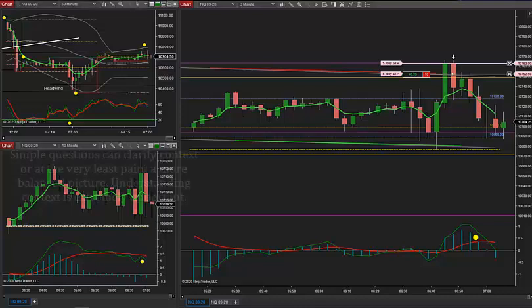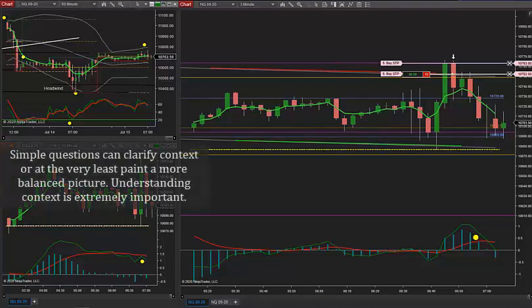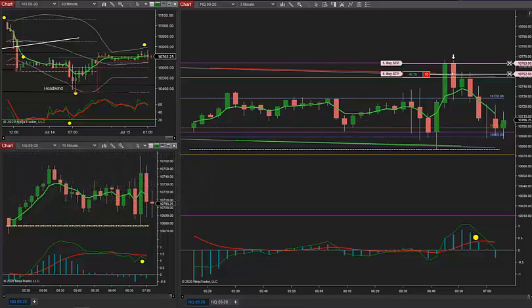But here are a few critical questions around context that I ask myself. Has the news or this new potential catalyst or recent sentiment, negative or positive, already been priced in? Does this new information sharply upgrade or downgrade the recent 3 to 5 month or several days, depending on what time frame I'm looking at, sentiment?